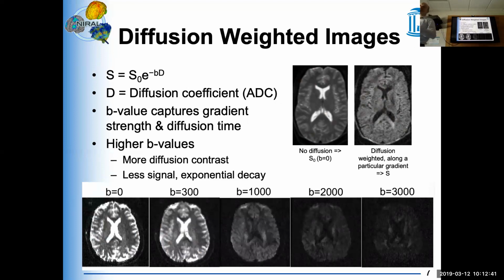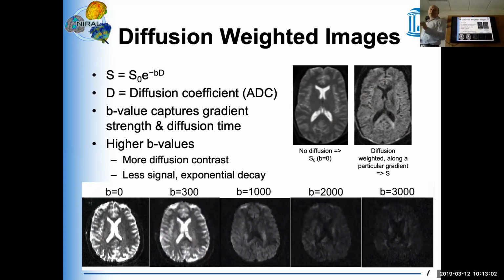Now we're doing the same sequence, a spin echo sequence, where we apply the diffusion with a gradient, and during that gradient we can measure how much the water molecules are diffusing. That results in a diffusion-weighted image, which you can see here on the side.